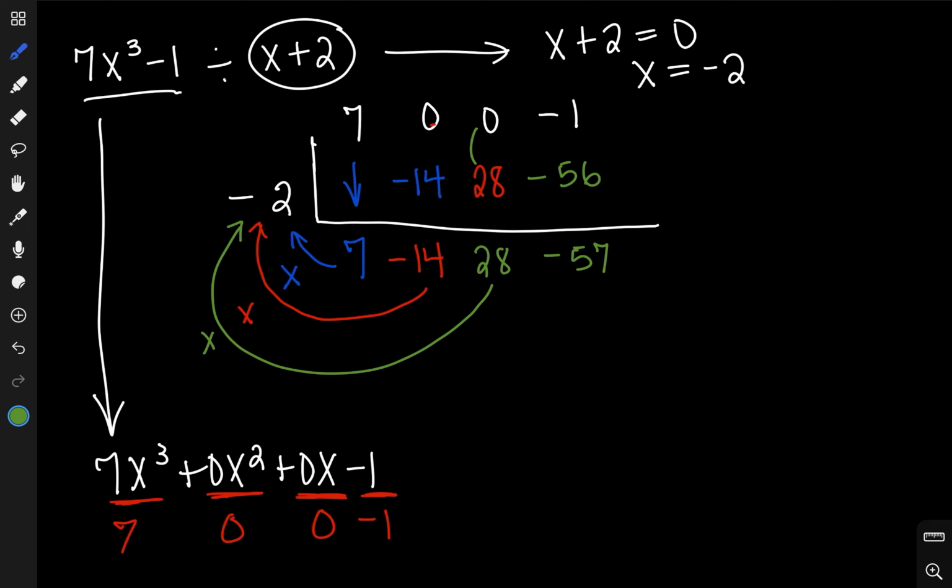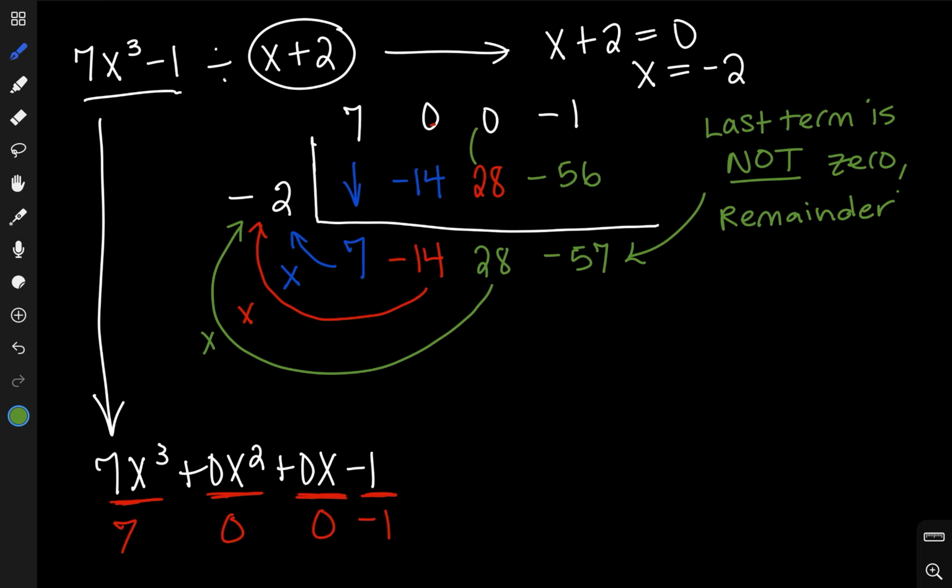And if your last term is not 0, that is your remainder. So we'll just leave that aside for now.